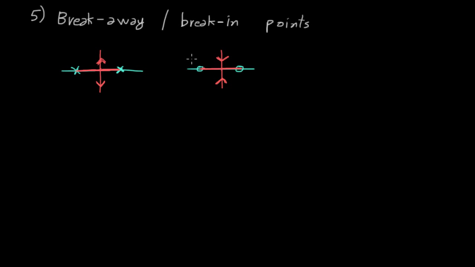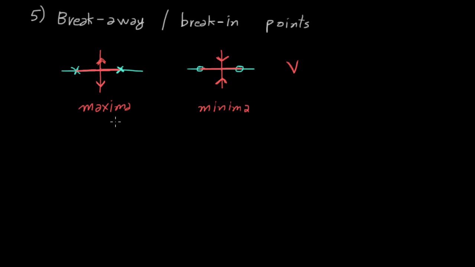Well, we can find both breakaway and breaking points because v has to be either a local minimum or a local maximum at those points. In particular, breakaway points appear at maxima and breaking points appear at minima.